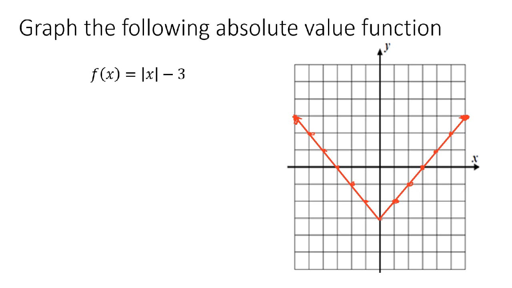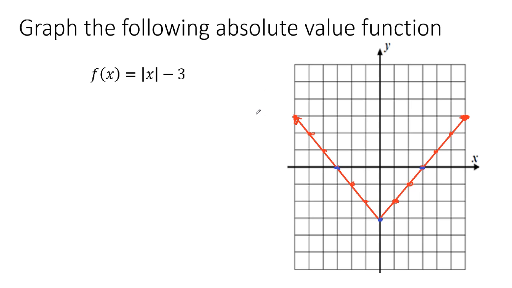If we look at this function, we have -3 and 3. These are the zeros or x-intercepts. -3 is the y-intercept and the minimum value.